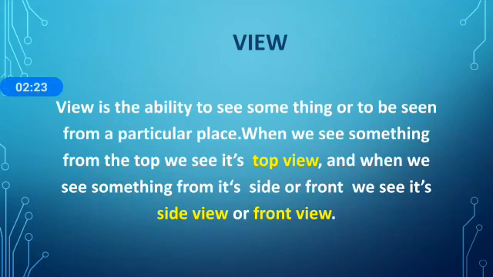When we see something from the top, we see its top view, and when we see something from its side or front, we see its side view or front view. I will repeat it once more.